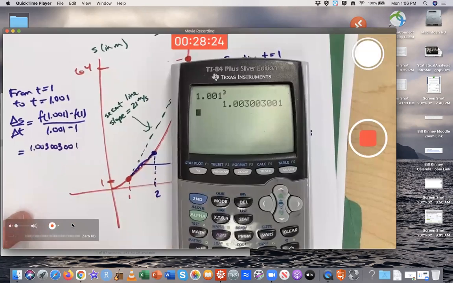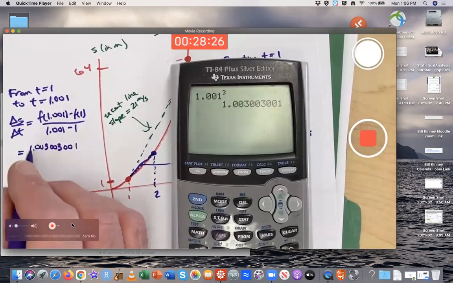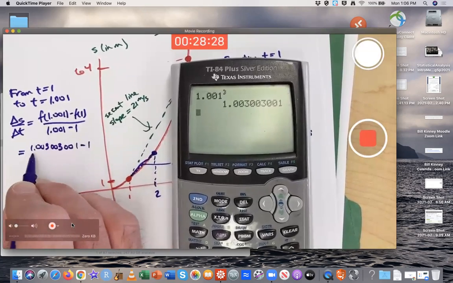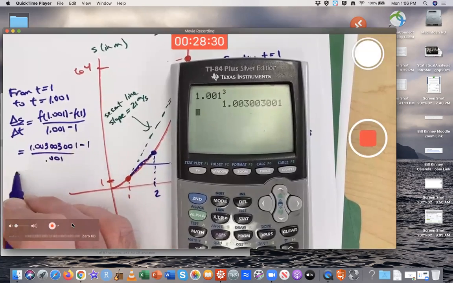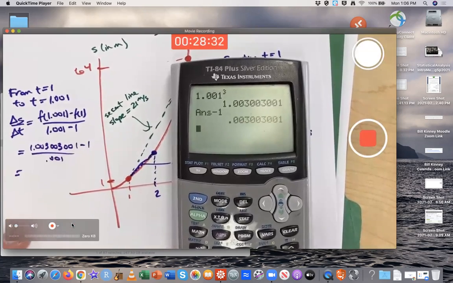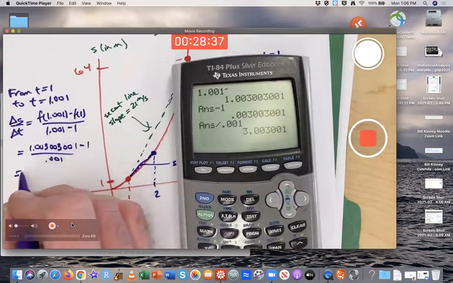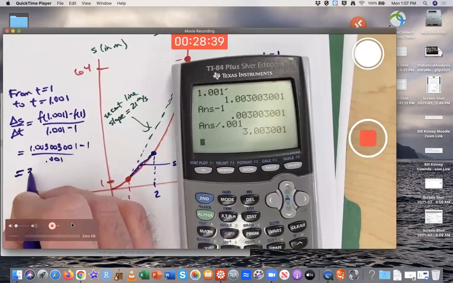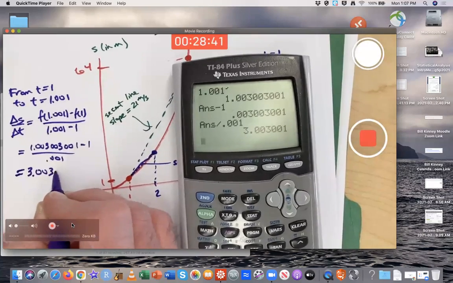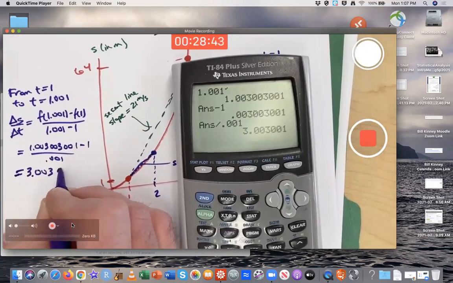That's probably actually exact. It's probably not a repeating decimal. Minus 1 over 0.001. Subtract 1 from this, divide by 0.001, and you get a number close to 3. Approximately 3.003, now I'll round, meters per second.